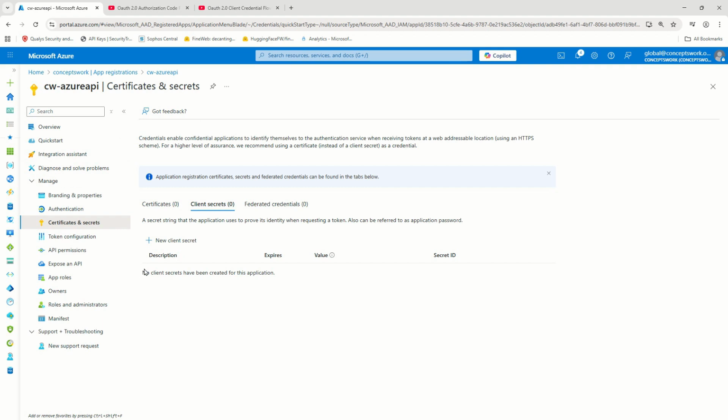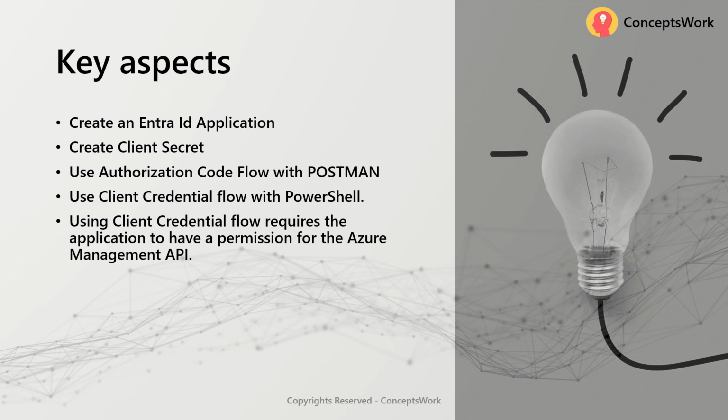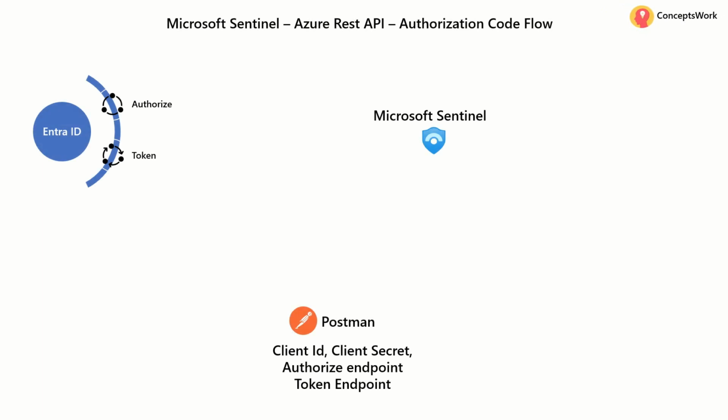Okay, but before that, let me explain how exactly things are going to work fundamentally. If I talk about authorization code flow, wherein we have to access Microsoft Sentinel API through Postman, we need client ID, client secret, authorization endpoint, and token endpoint. Now, fundamentally, Entra ID has an authorization endpoint and a token endpoint.